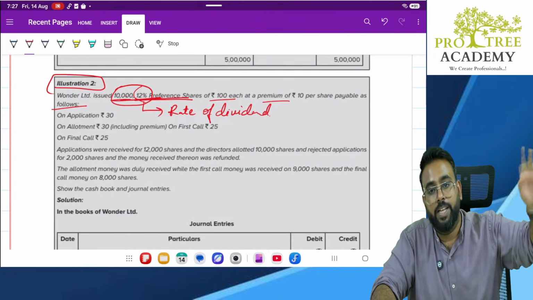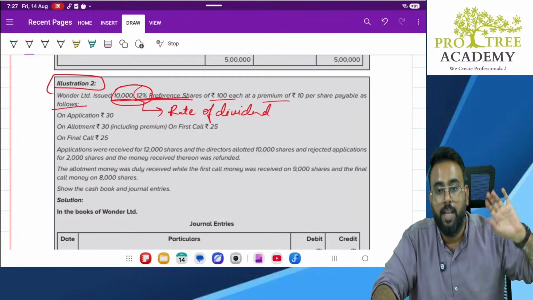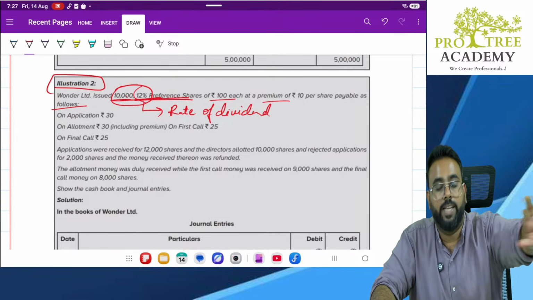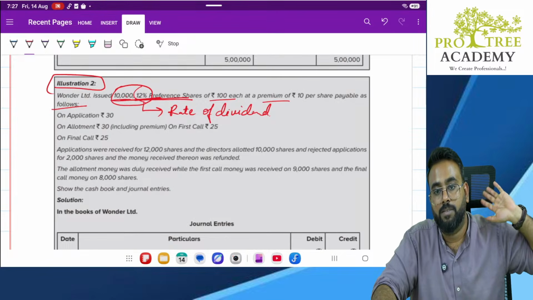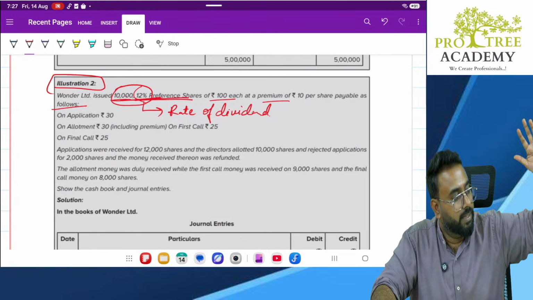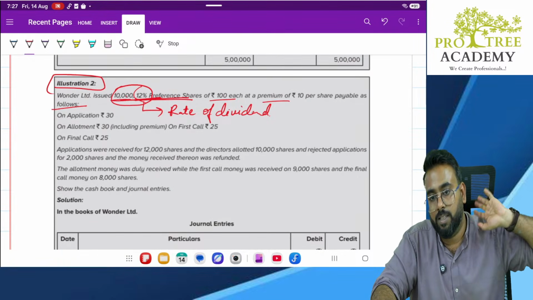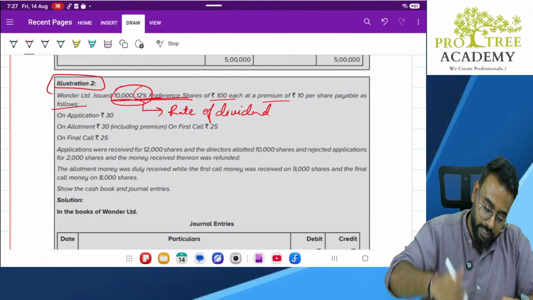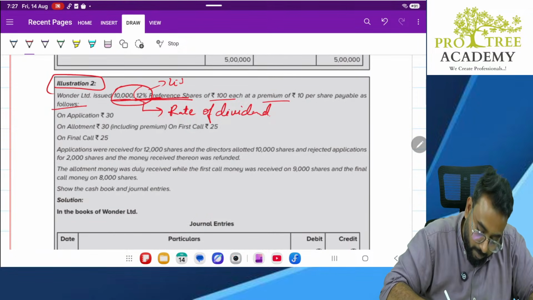Whereas in case of equity, there is no fixed percentage of dividend and no time limitation. They cannot come and ask for the money back. At best, they can sell their shares to somebody else and get the money, but the company will not pay them. Clear? So these are liability.